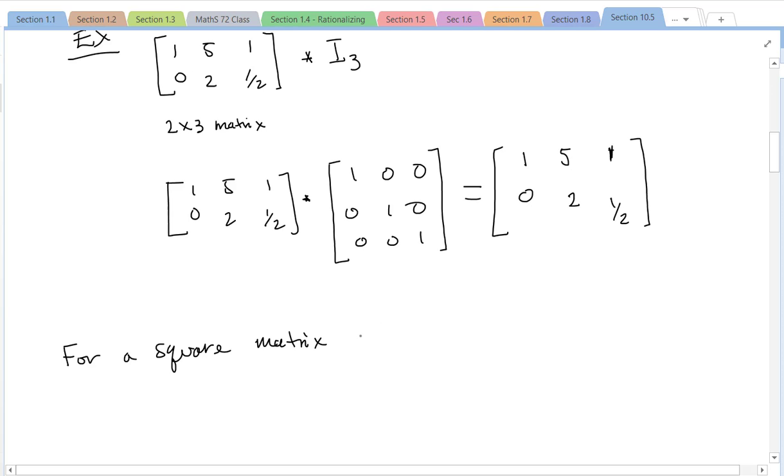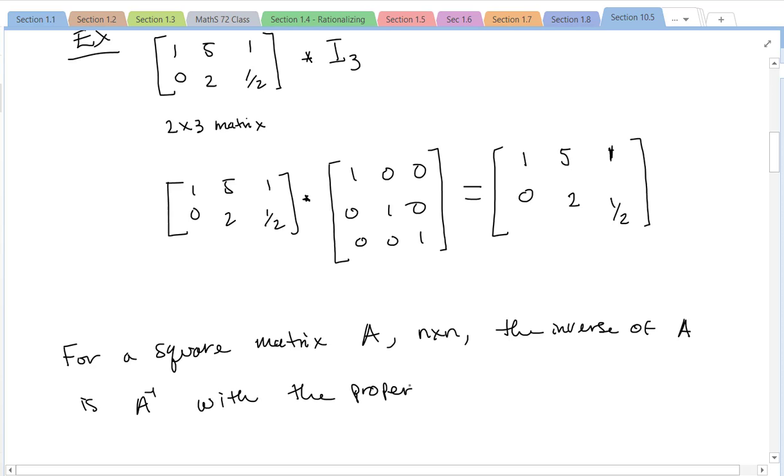For a square matrix A, let's say n by n, the inverse of the matrix, A inverse, is the matrix with the property that when you multiply A and A inverse, you get the identity matrix.